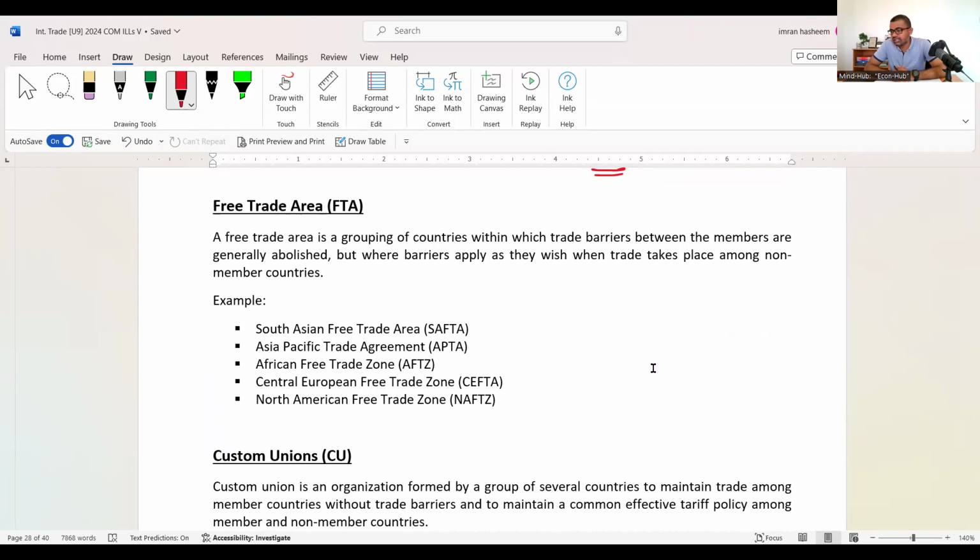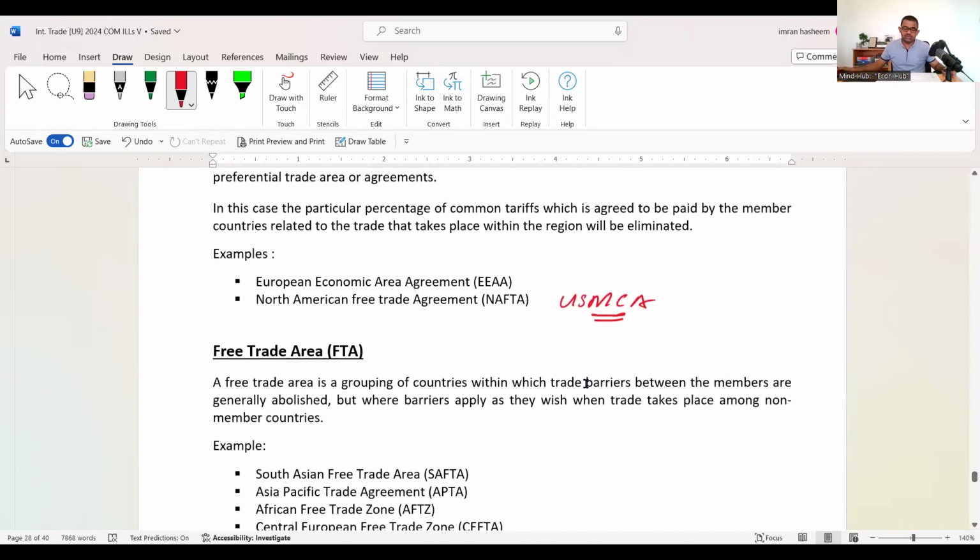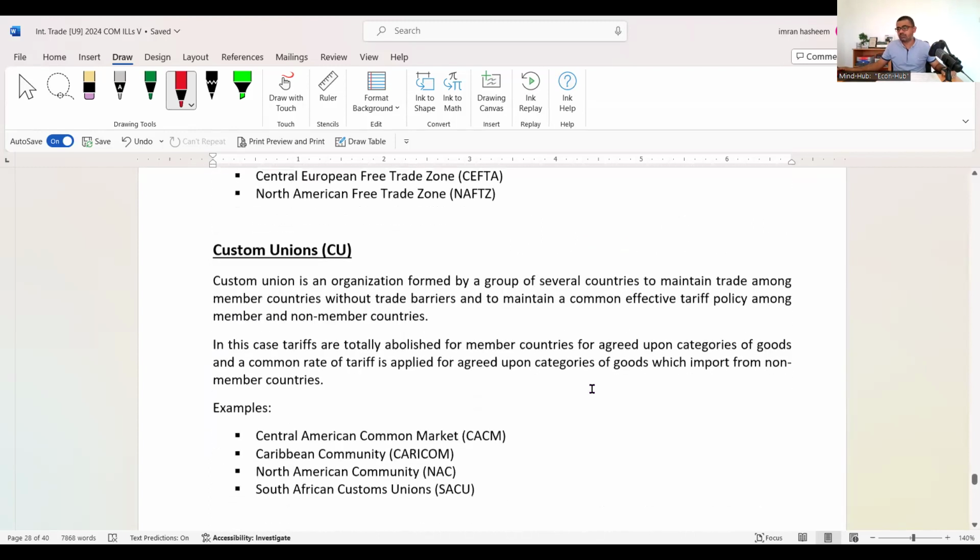Central European Free Trade Agreement, CEFTA. Then North American Free Trade Agreement, NAFTA, but again, it's now USMCA. Okay, they use the term USMCA.